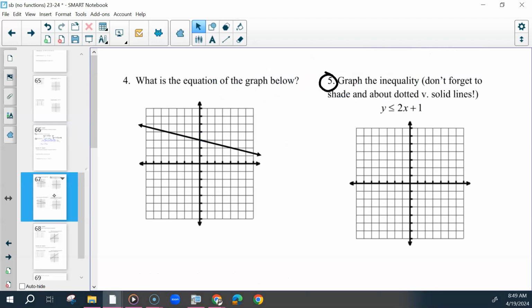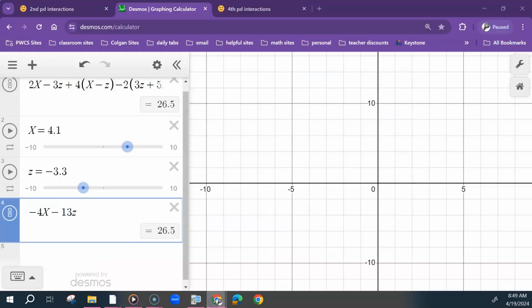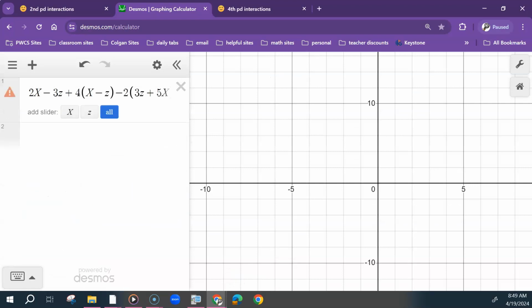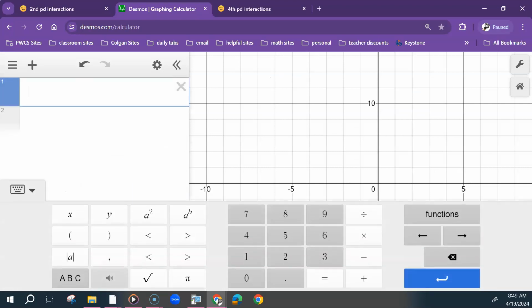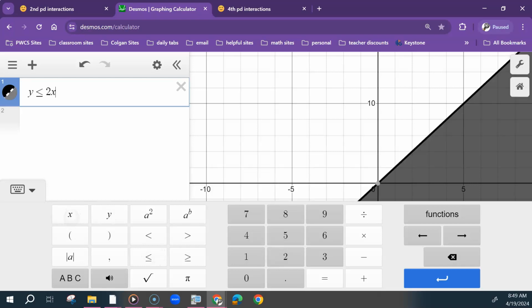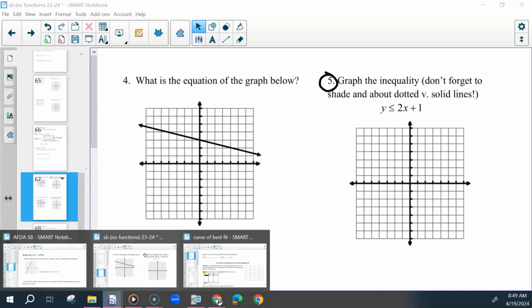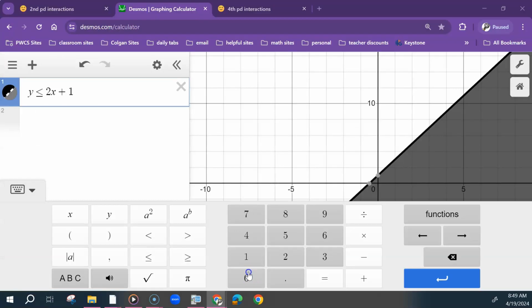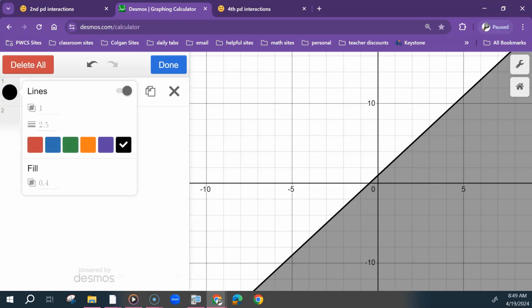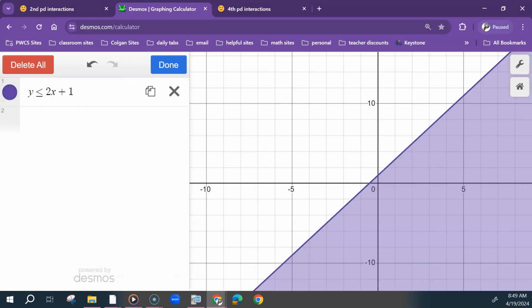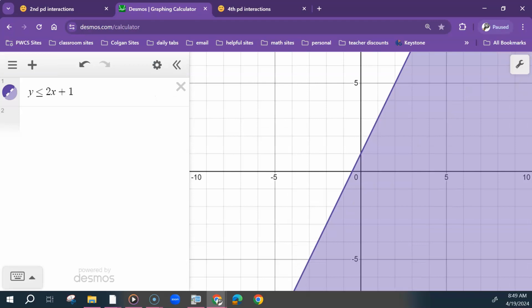For number 5, I could check this in Desmos, but you still have to graph it. So I know this is going to be a solid line, shaded below, starting at 1 with a slope of 2.